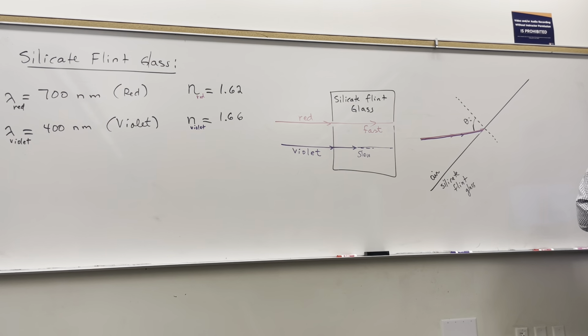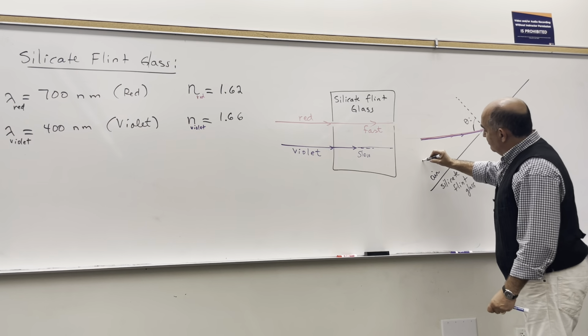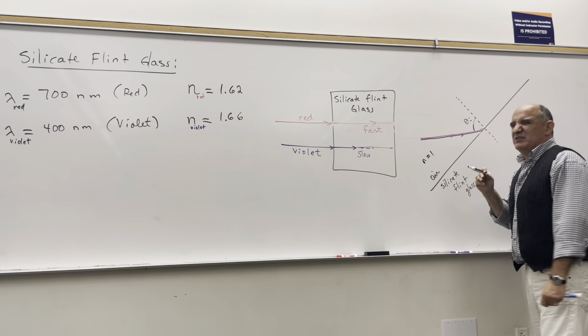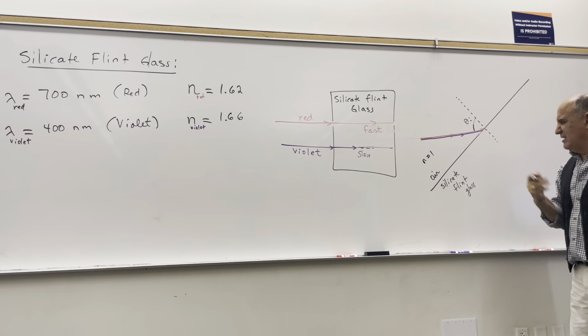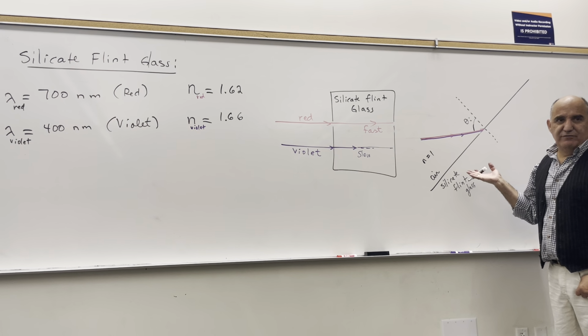That's right. Okay, so for air, this is, let's say, 1. It's 1.0003 or something, right? Let's just say 1. And for this one it's whatever, something higher than 1 for the glass.